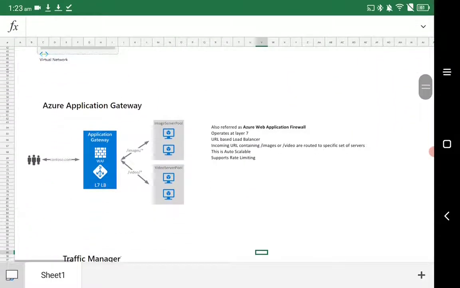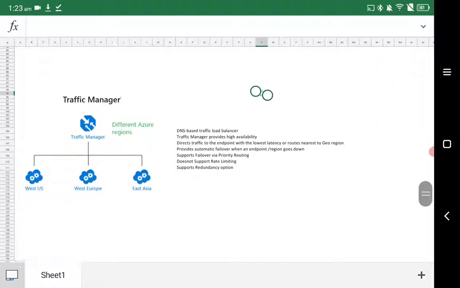Moving on to the third type of load balancer, it is called the Traffic Manager. Now, this type of load balancer is a DNS based traffic load balancer. It does provide high availability. What it does is direct the traffic to the endpoint with lowest latency or to the nearest geolocation.